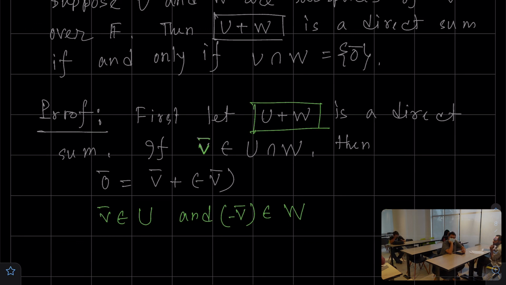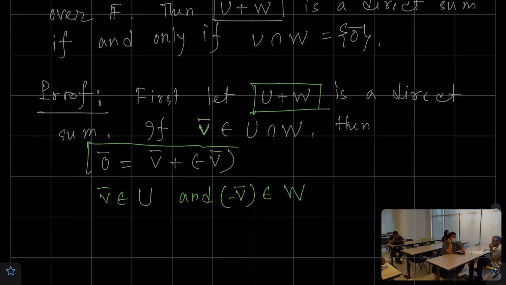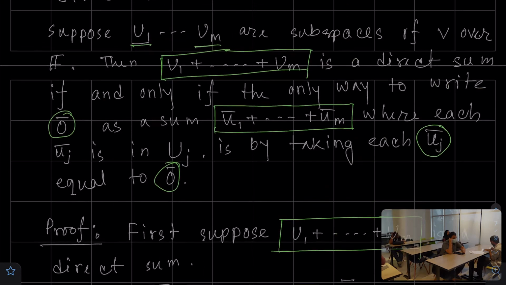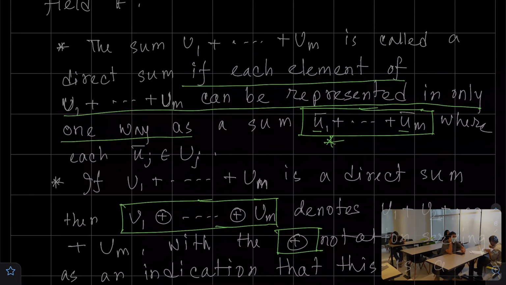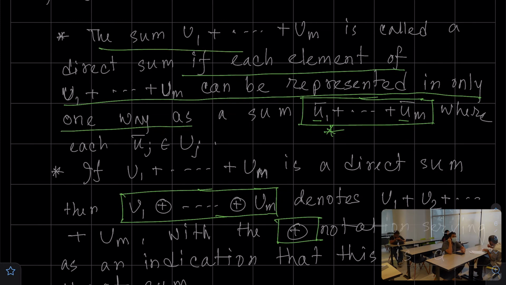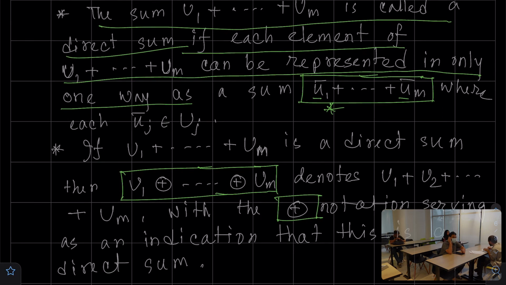Of course every vector in this vector space U plus W has to be in this form. The sum is called a direct sum if each element of this form u1 plus um, where each uj belongs to Uj.